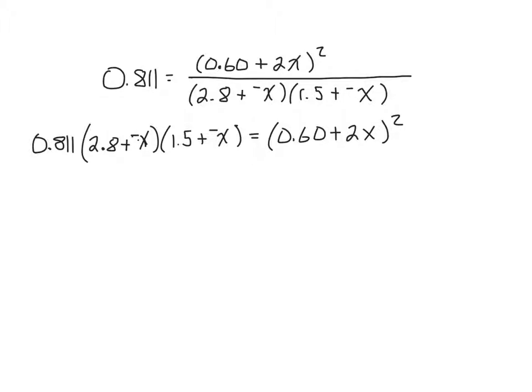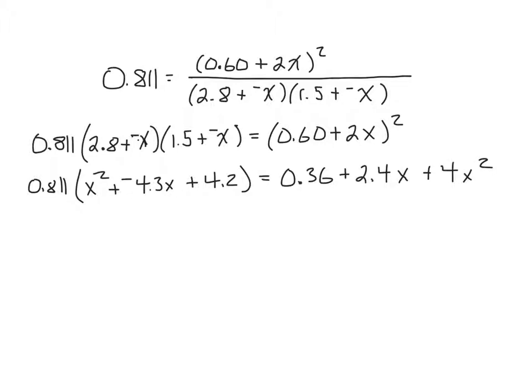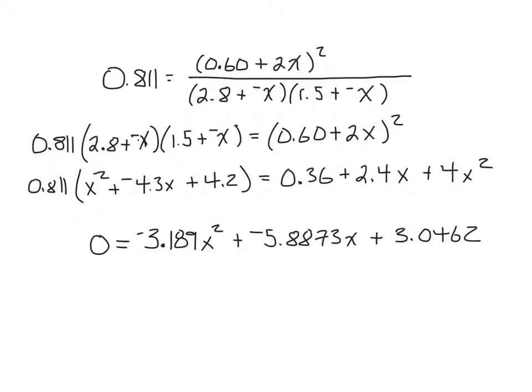The first thing I'm going to do is to cross multiply the denominator. Then I'm going to FOIL out the term on the left and the term on the right. Then I will collect all the variables onto the right side of the equation. This is a quadratic equation. You can see it's an x squared function.